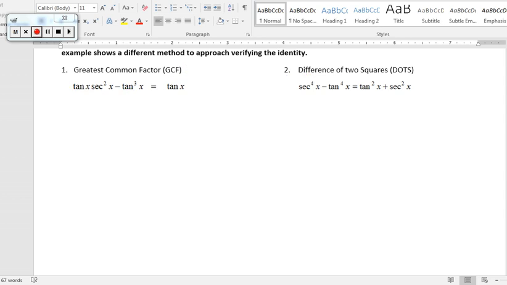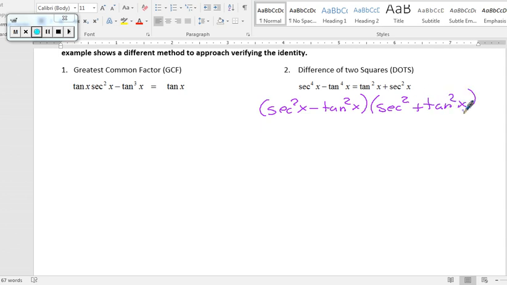Looking at this first one here, I do notice I have a difference of perfect squares, so this first part on the left is factorable. So we're going to get secant squared x minus tan squared x times secant squared x plus tan squared x.